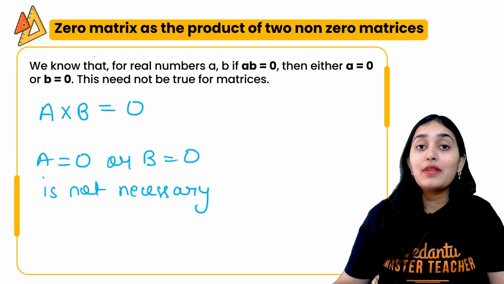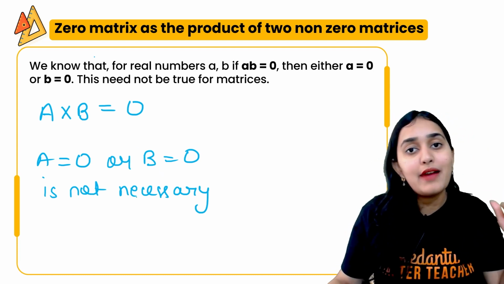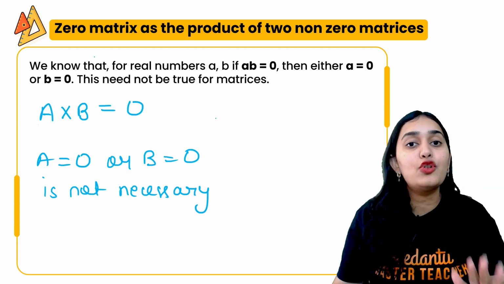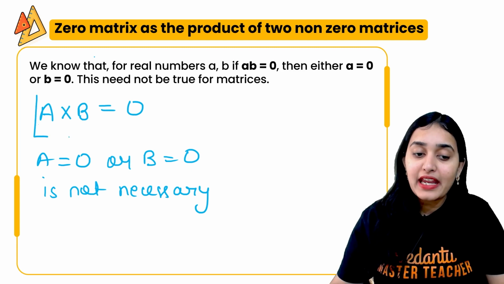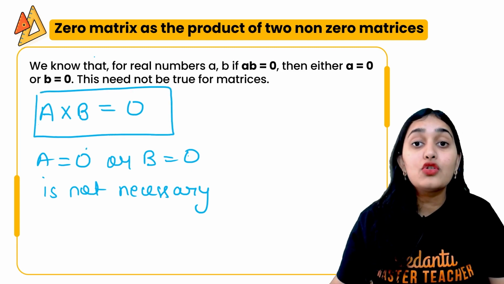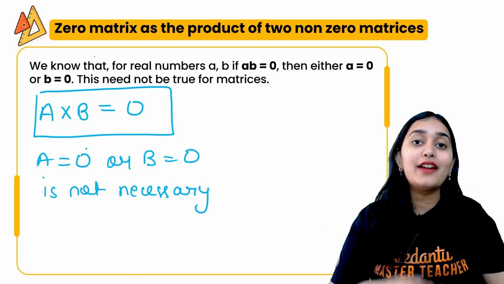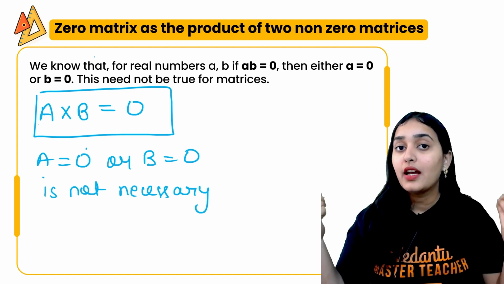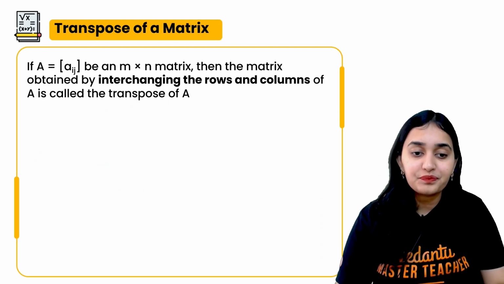Not necessary means even if A matrix is not 0, B matrix is not 0, still A into B can be 0. So if they ask you, if A into B is a 0 matrix, A is 0 or B is 0, you should say there is no requirement for A to be 0 or B to be 0. It can be a non-zero matrix. Okay. Next.